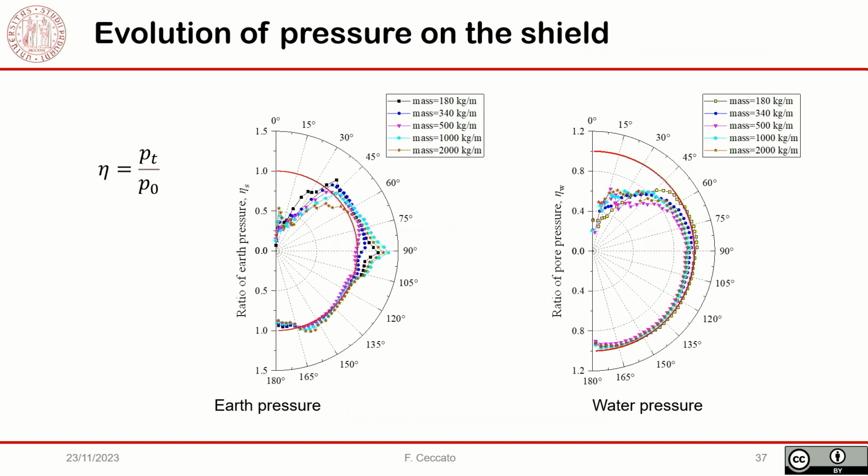Then we could calculate the earth pressure and water pressure around the tunnel with time. Clearly, earth pressure and water pressure go almost to zero at the opening, but then it redistributes around the tunnel. This information can then be mapped to an FEM model, for example, to evaluate the deformation of the tunnel.